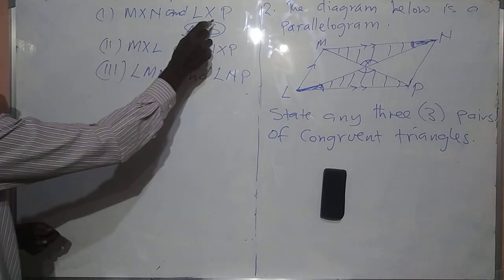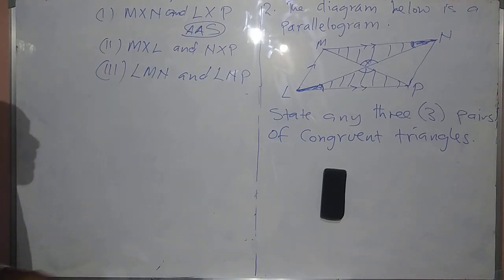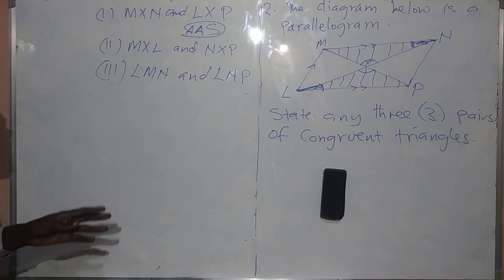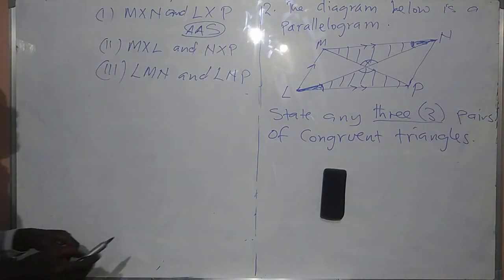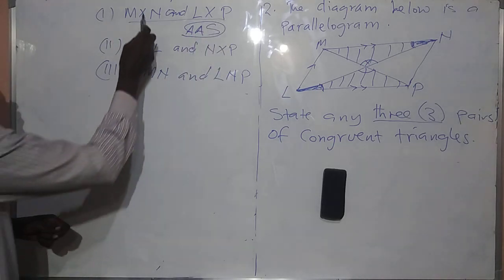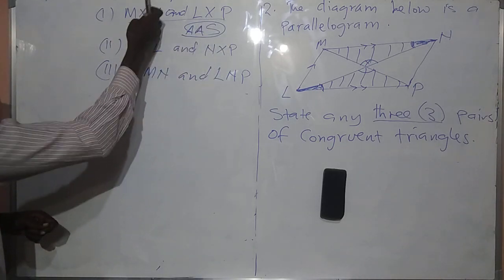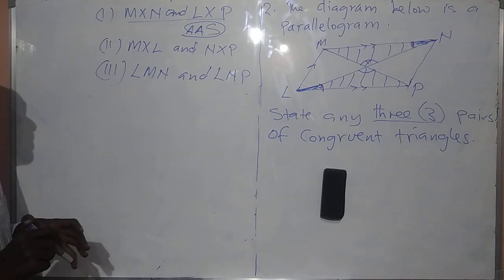We have MXN and LXP, and then we can also choose others that are congruent here. We can give the same reasons. The question says state any 3 pairs, and pair means 2. So these 2, then these 2, so 1, 2, 3.